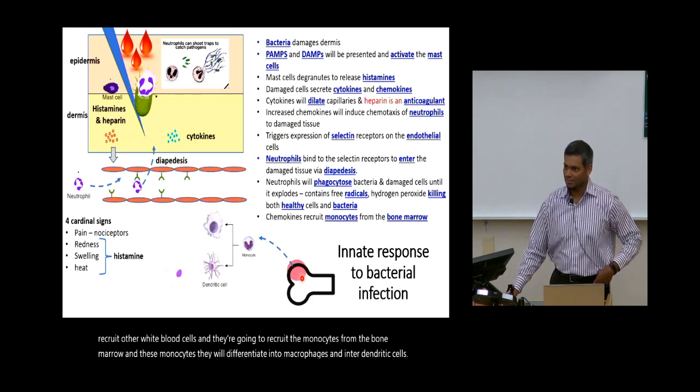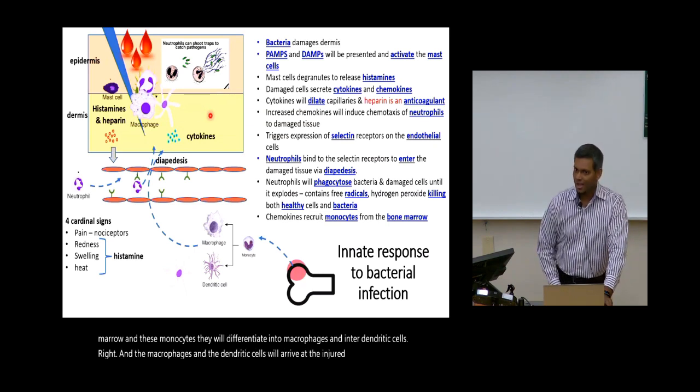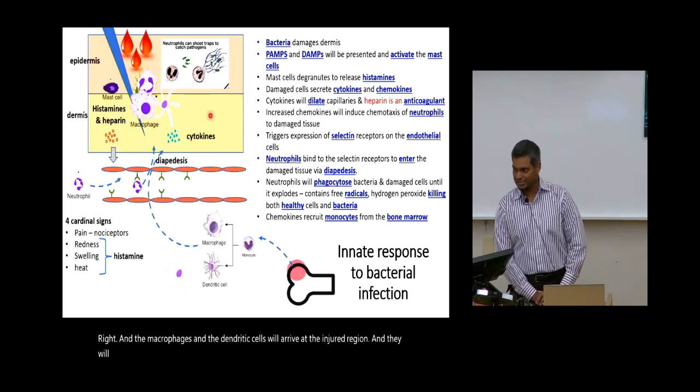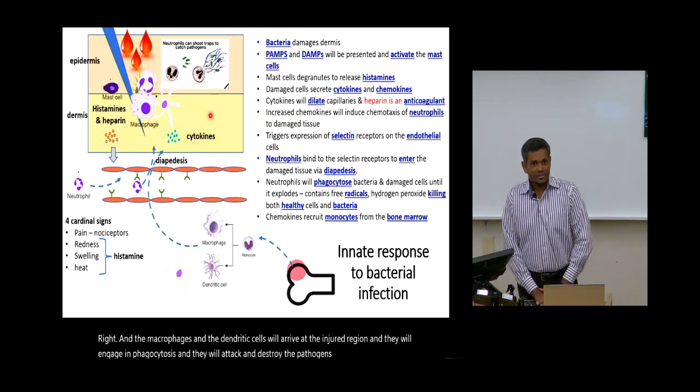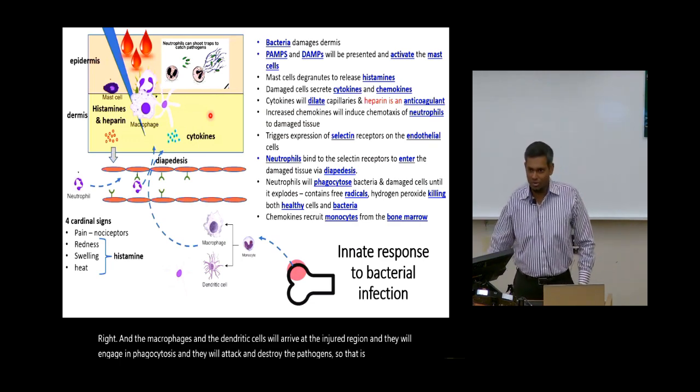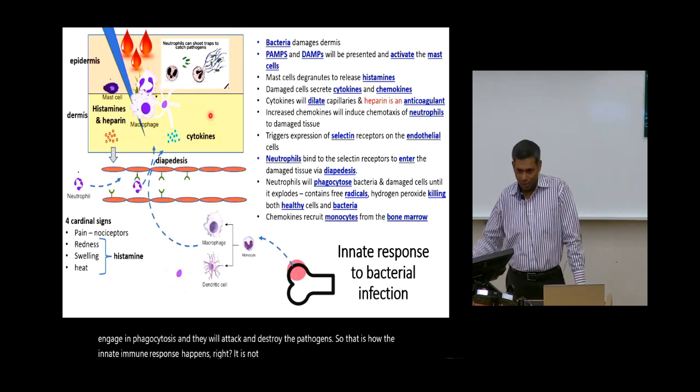And the macrophages and the dendritic cells will arrive at the injured region, and they will engage in phagocytosis, and they will attack and destroy the pathogens. So that is how the innate immune response happens, right? It's not specific at all. It's very quick. It's very destructive.